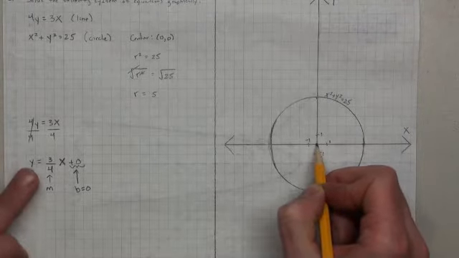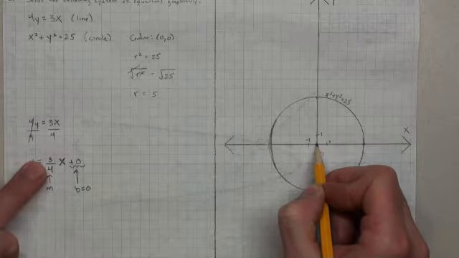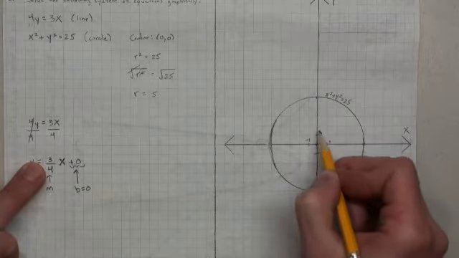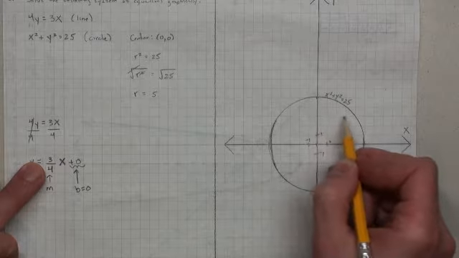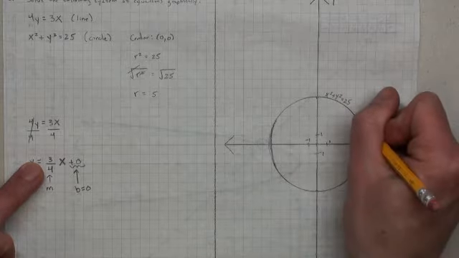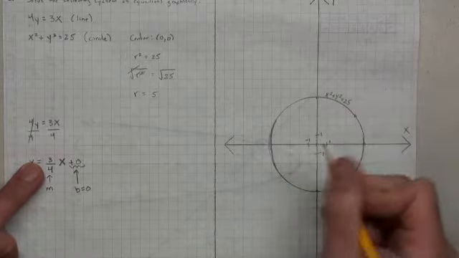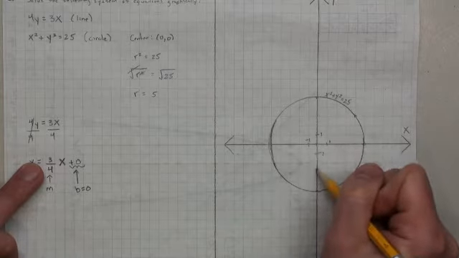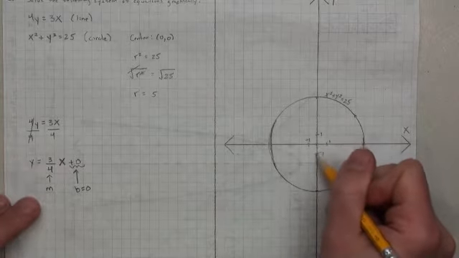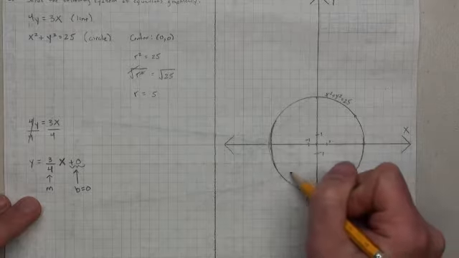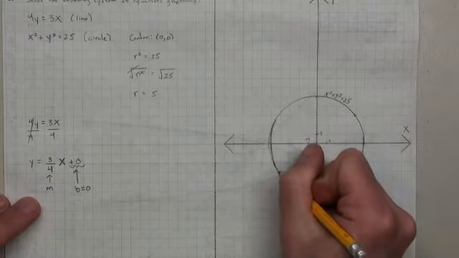And my slope is 3 over 4, so I go up 3 and to the right 4. 1, 2, 3, 1, 2, 3, 4. I also go down 3 and to the left 4. So 1, 2, 3, 1, 2, 3, 4.